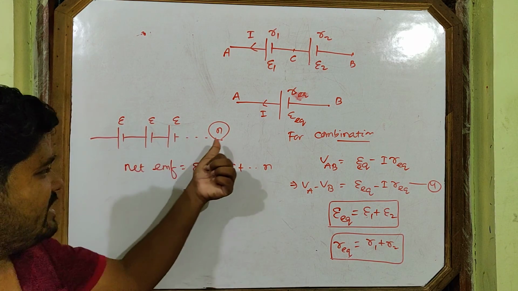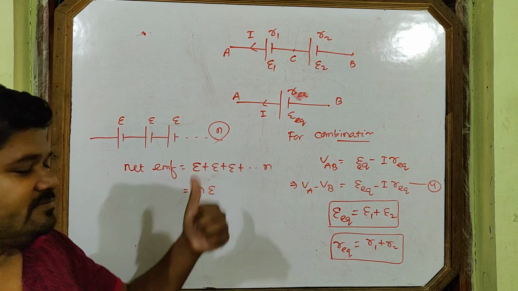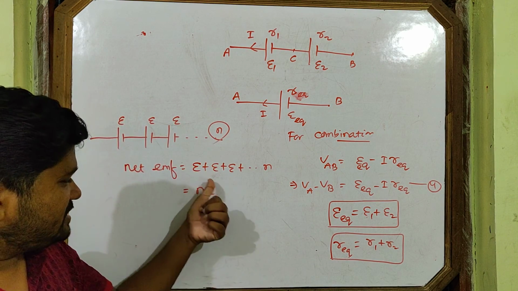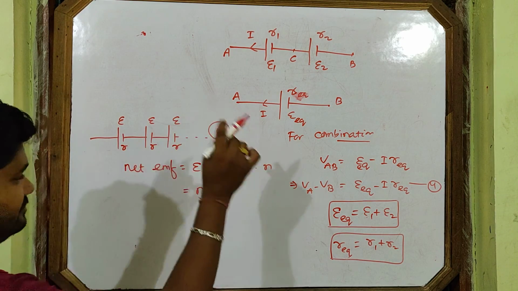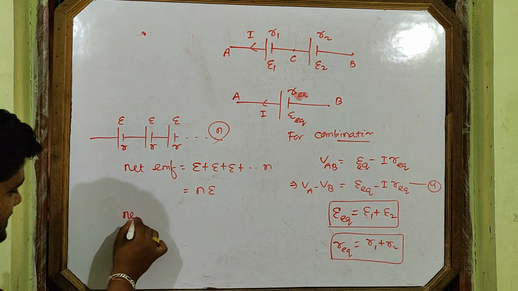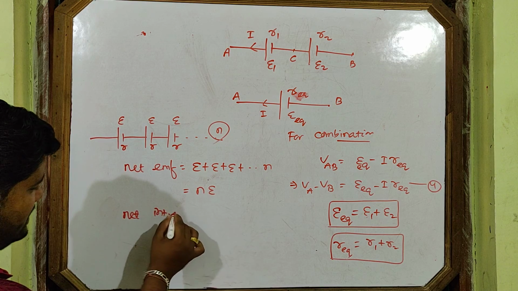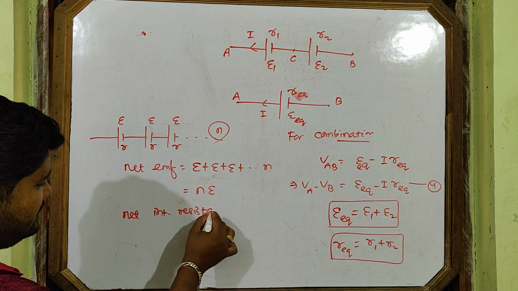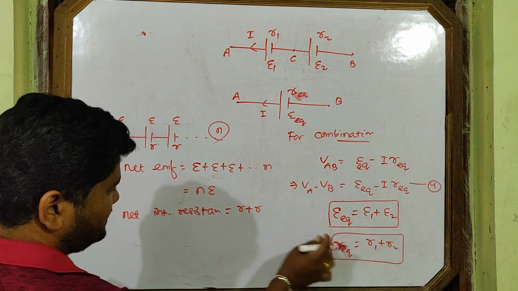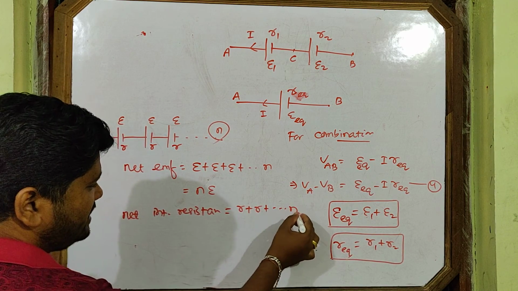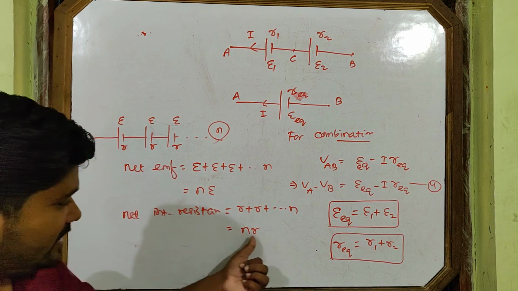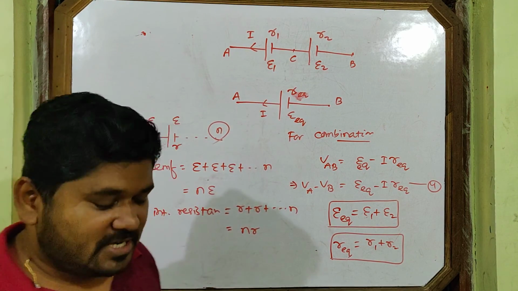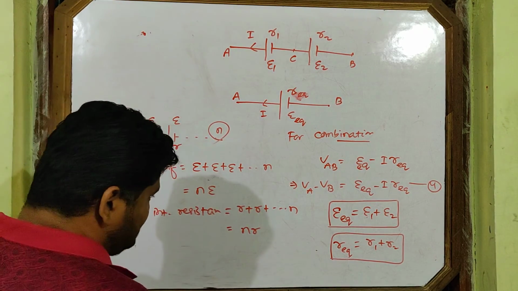Net EMF becomes nE. Suppose internal resistance is r, then what is the net internal resistance? r plus r, because R1 plus R2 up to n times, it becomes nr. Understand? So this is when many cells are connected.